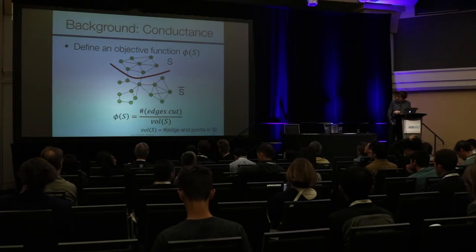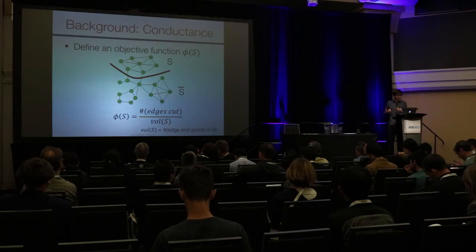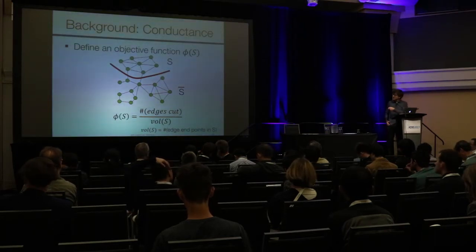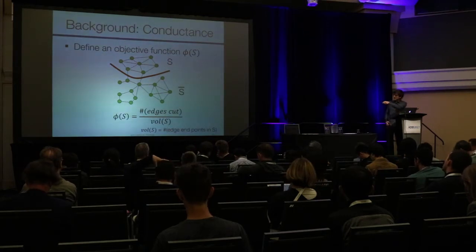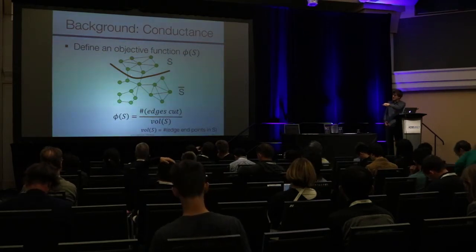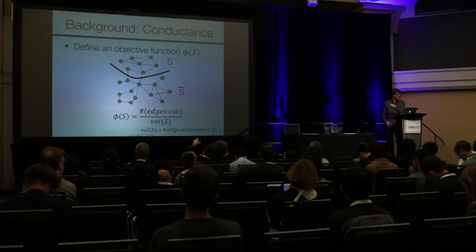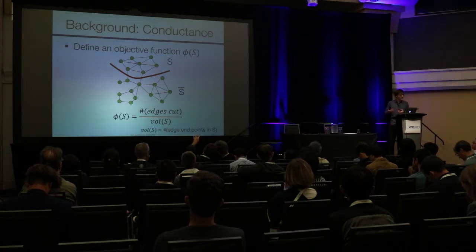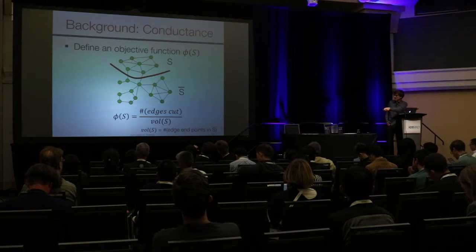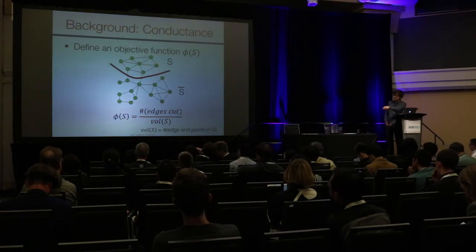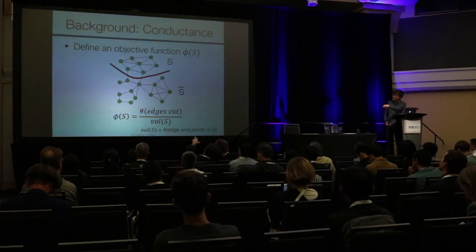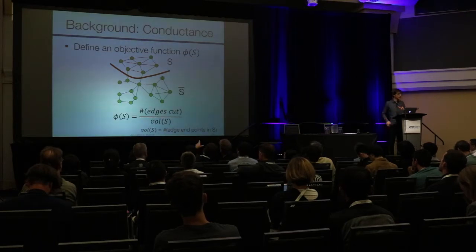Conductance is based on this idea: if you give me a set of nodes S, what do I want? I want lots of edges between the members of the set S, so lots of edges inside the set, and I want few edges that point outside the set. So I want to cut as few edges as possible. The way you can combine these two criteria into one number is to compute conductance, which is the number of edges I cut, this would be 2 in this case, divided by the volume of the cluster.